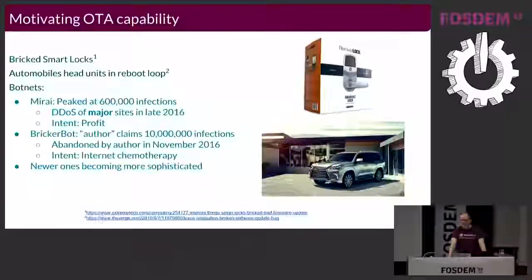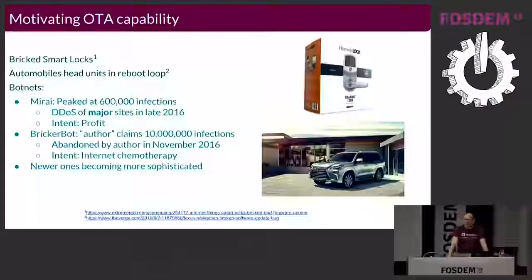There were some smart locks that were used as part of certain home sharing sites to allow owners to remotely open and close their house when their guests were arriving. At some point, they tried to push out an update.